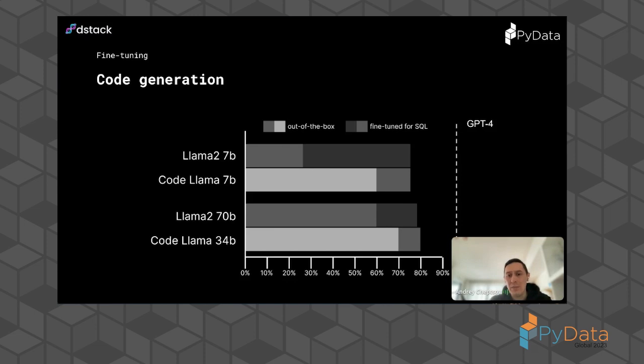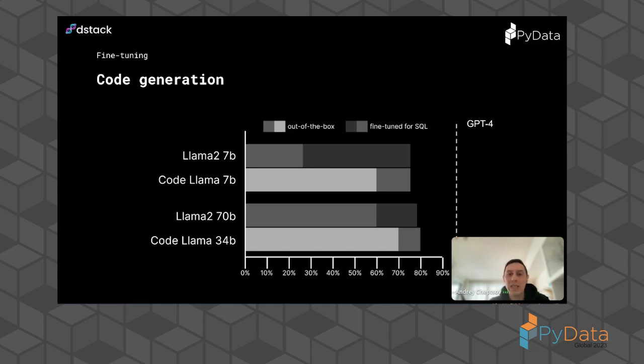Here's an example. Here's some data from Snowflake, where they took Llama 2 of different sizes and fine-tuned this model for a very specific problem, in this case generating SQL queries.